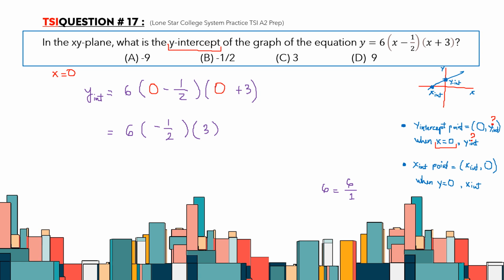And also, for fractions, if you have a over b multiplied by c over d, we do the multiplication between the fractions top to top, so a times c, and bottom to bottom, b times d. So we can rewrite it as 6 over 1 times negative 1 over 2 times 3 over 1.